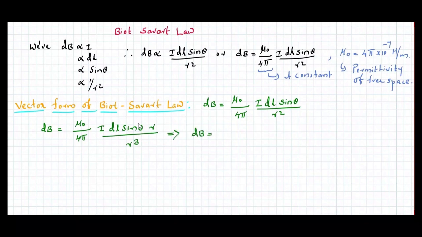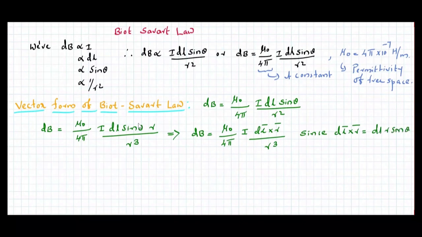Now the expression modifies to mu 0 by 4 pi I dl sine theta r by r cube. Now you can write it as mu 0 by 4 pi I into dl cross r by r cube. Now the equation is transformed to a vector form. Here dl r sine theta is replaced by dl cross r, because a cross b is ab sine theta. So dl cross r is dl r sine theta.